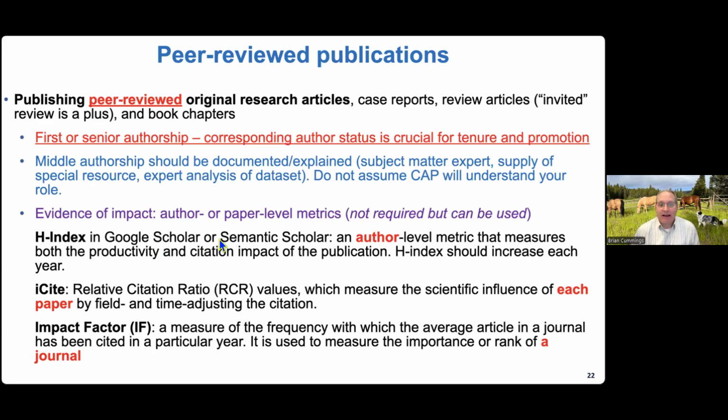And then provide evidence of the impact, either author or paper level metrics. They're not required, but you could provide an H-index for your work. You could provide the relative citation ratio of the particular journals in individual fields, or the impact factor of the journals that you're publishing in.